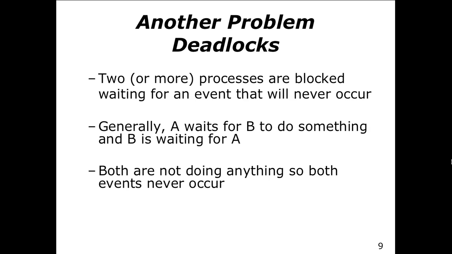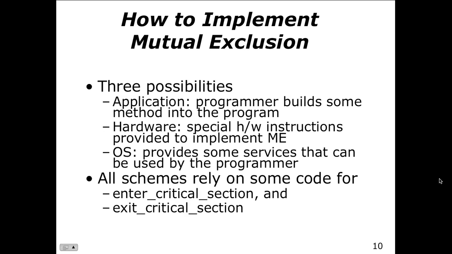Eventually one of them's going to back down, but in the meantime they're deadlocked because you can't go anywhere. But somebody has to go somewhere. So the solution to that problem is to kill one of the processes. Make somebody move. So generally A waits for B to do something and B is waiting for A to do something. Both are not doing anything, so both events never actually occur, they're just waiting.